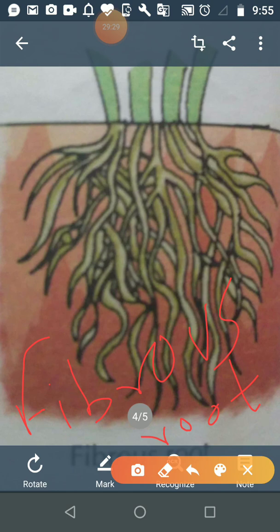Root is that portion which is below the ground. It means roots are in the soil and all these nutrients are present in the soil.